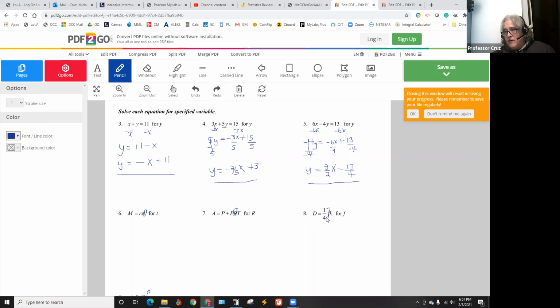And that one's the F. Well, I can't really circle it too well, but anyway, let me know when you get these. This one is just a one-step problem. And the rest of these are going to take 2 steps. Actually, you could probably do the last one in 1 step if you wanted to.